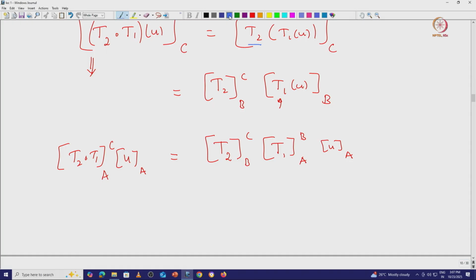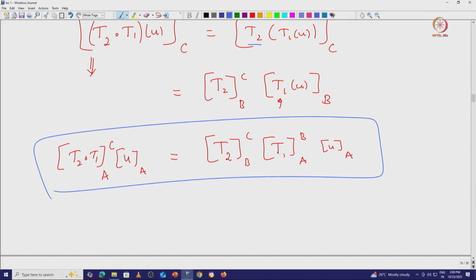Now, this equality is true for all vectors. So this is true for all u in U. That means these two matrices are supposed to be equal. That is something very simple to do.